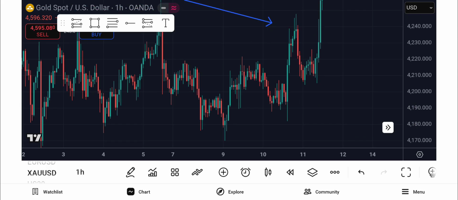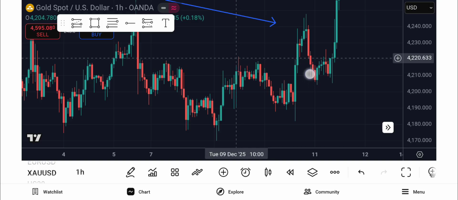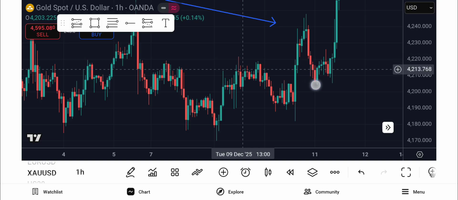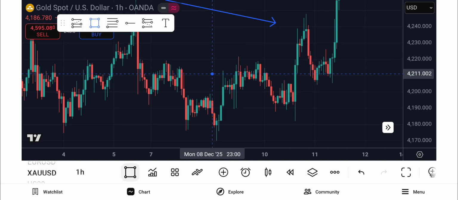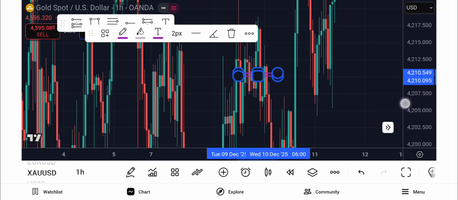We can use this mini fair value gap here. See this 1, 2, 3. Because it's so tight, we could draw from the first candle, second, third candle, and pull it out.